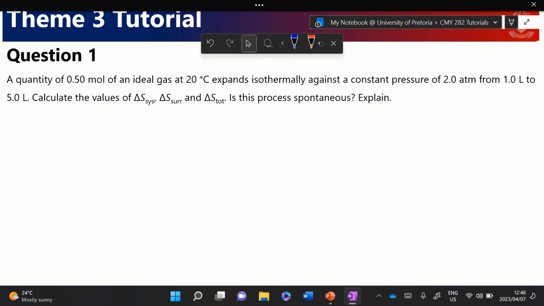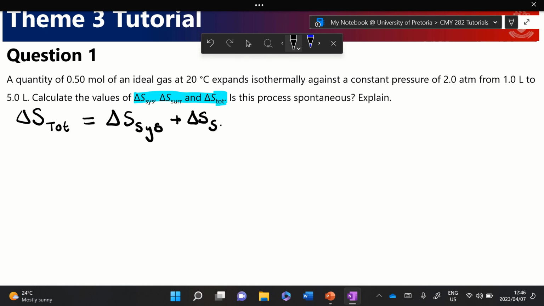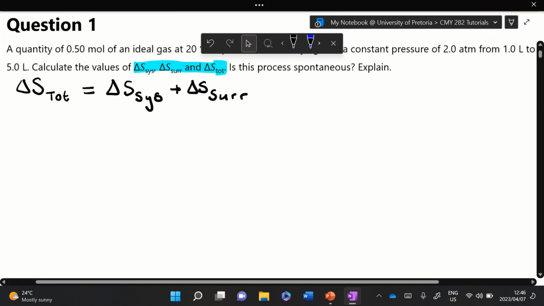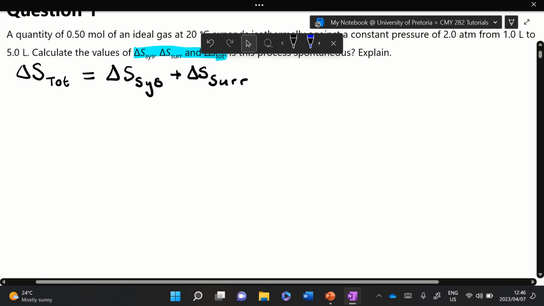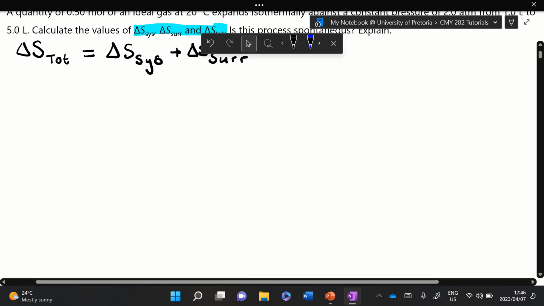So we see that delta S total will be equal to the sum of delta S system plus delta S surroundings, right? So that's how we calculate that. Once we have those two quantities, then we'll be able to calculate the total entropy change. So that means we also need to calculate those two independently.